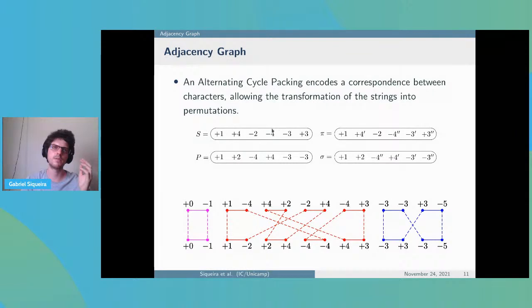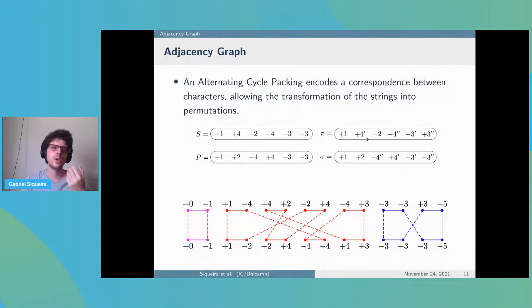Here we replace the 4 with a 4 prime to indicate a symbol not yet in the alphabet. We can do the same for the other 4. The other 4 is connected by twin edges with this other minus 4, and is replaced with a different symbol, 4 with double prime. If I do this for all characters that have multiple copies, we can now distinguish between the copies of a given character, and we are able to transform our strings into permutations.